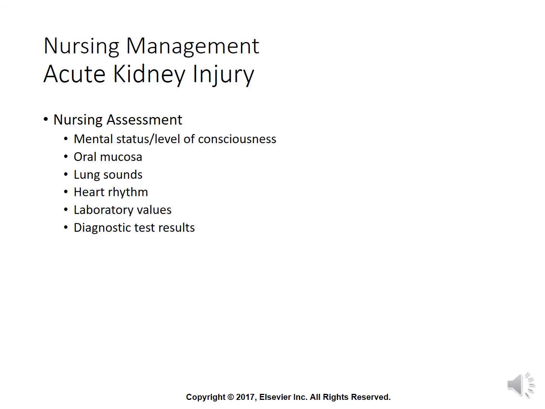So assess your patient's mental status, their oral mucous membrane, their skin, their lung sounds, their heart rhythm. You're going to be looking at lab values, BUN, serum creatinine, GFR, potassium, sodium, those diagnostic test results.